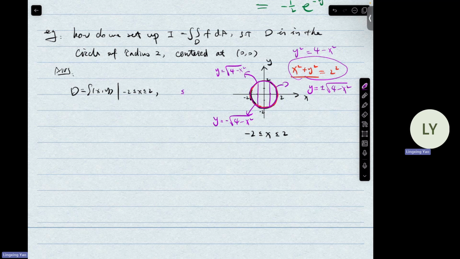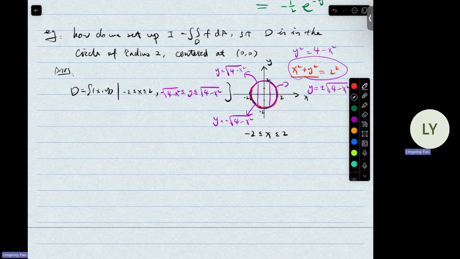So we can see the y variable is bounded between the positive square root of 4 minus x squared and the negative square root of 4 minus x squared.